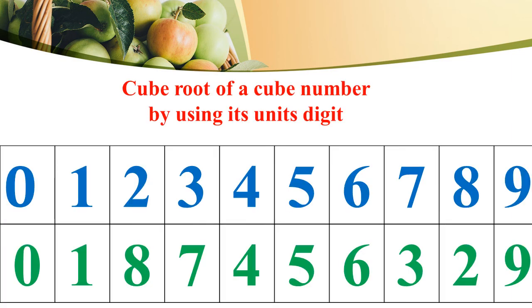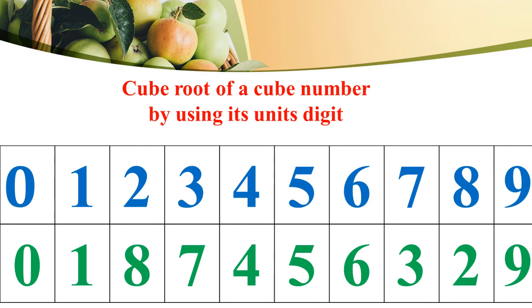By observing the units digit of a cube number, we can find its cube root. If the cube number is ending with 0, the cube root will have 0 at units digit. If the cube number is ending with 1, the cube root will have 1 at units digit. If the cube number is ending with 2, the cube root will have 8 at units digit.